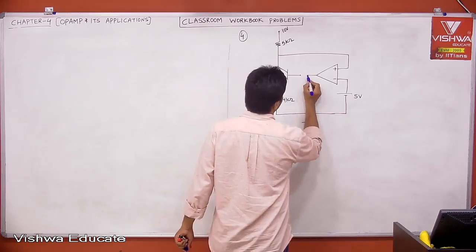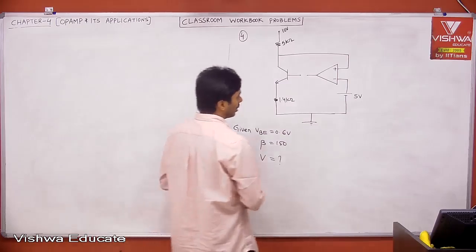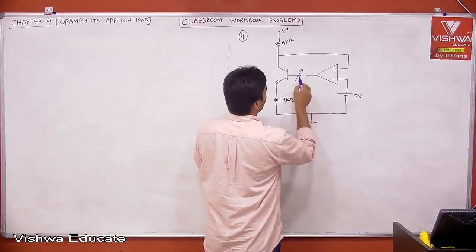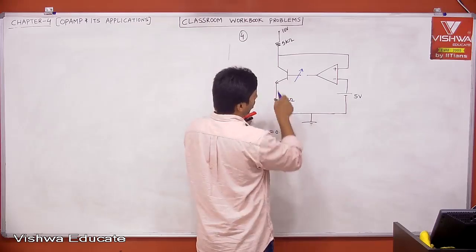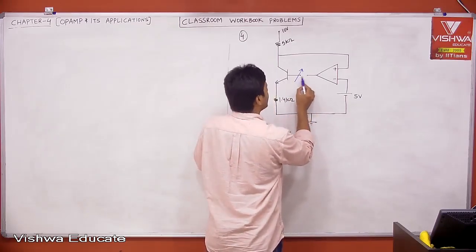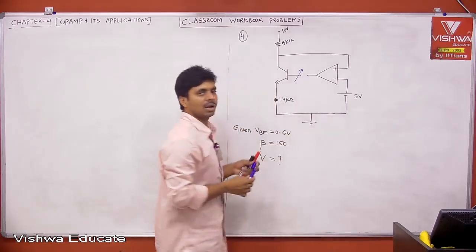When you open the loop, let us increase the voltage at this terminal. Then whatever happens, come back to this terminal and look: if it is increasing, then positive feedback. If it is opposite, negative feedback. Why?